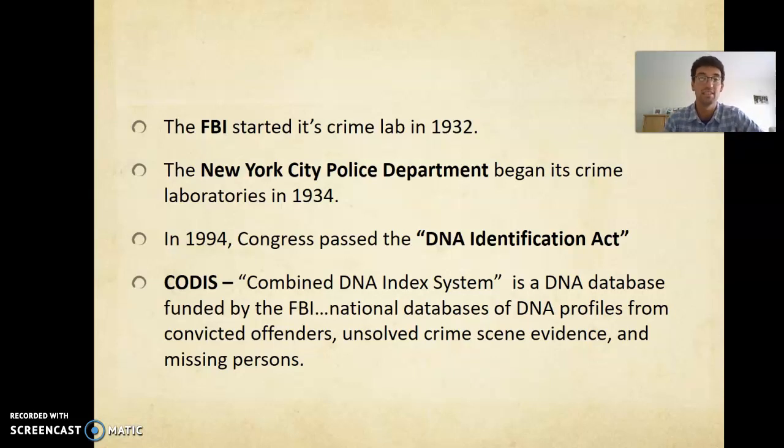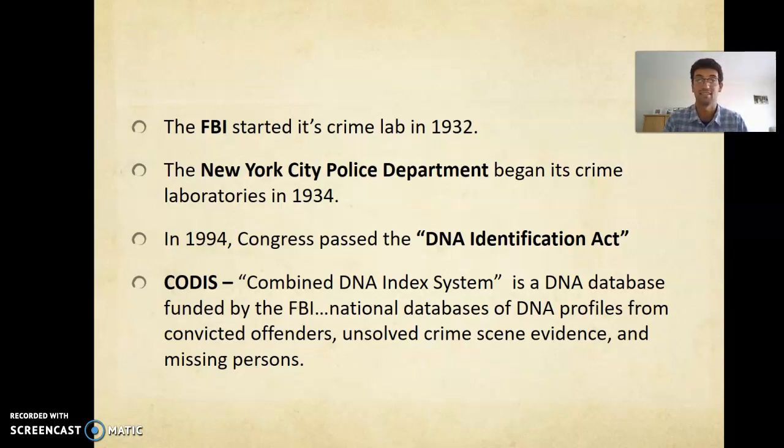The New York City Police Department began 2 years later in 1934, and in 1994, Congress passed the DNA Identification Act, which basically opened up an index of a lot of fingerprints that they found, either fingerprints from suspects that they have, fingerprints from crime scenes, or fingerprints from unidentified remains of people.